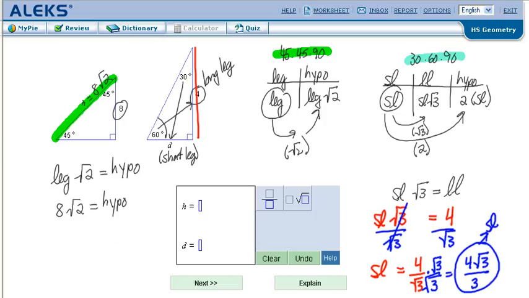So in this case, our hypotenuse for the first, our h, is going to be 8 root 2, and d is going to be 4 root 3 over 3.